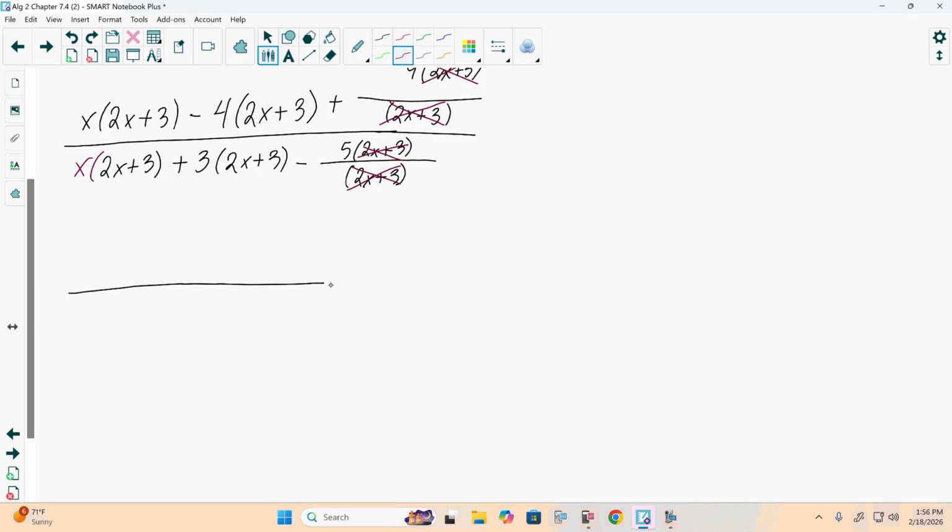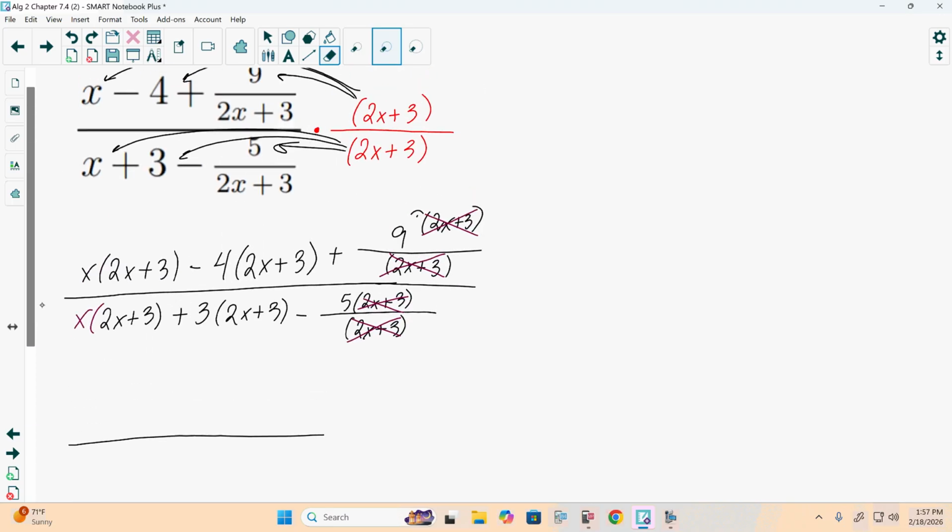Now, one thing that is tempting with this problem, especially looking at these here, we see 2x plus 3 is in common with the top two terms, bottom two terms. We've talked about factoring by grouping to factor it out. However, there's not two terms on top. How many terms do we actually have on top? We have 3, because we have the x times 2x plus 3, we have the 4 times 2x plus 3, and then, even though it's kind of off screen, we also have the 9.